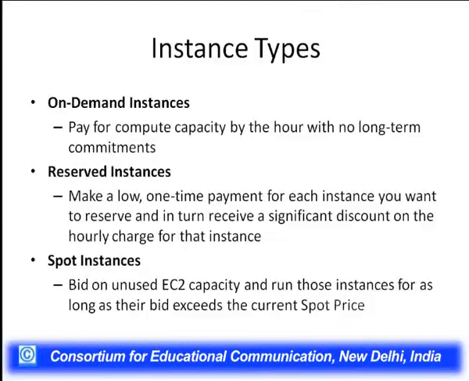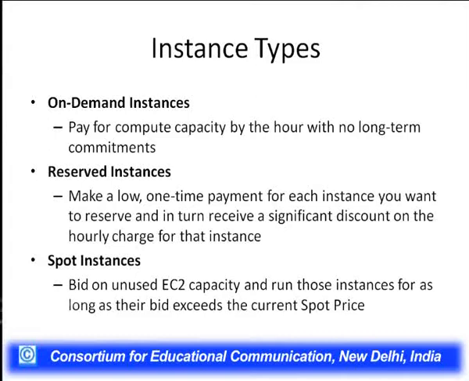One is the on-demand instance. In case of on-demand, you have to pay for the compute capacity by the hour. So if you are using a computing resource for 5 hours, you are going to pay accordingly, and there are no long-term commitments involved. Another model is reserved instances.